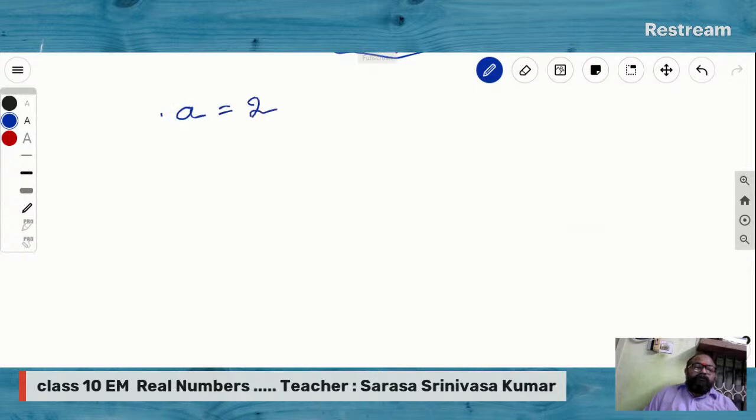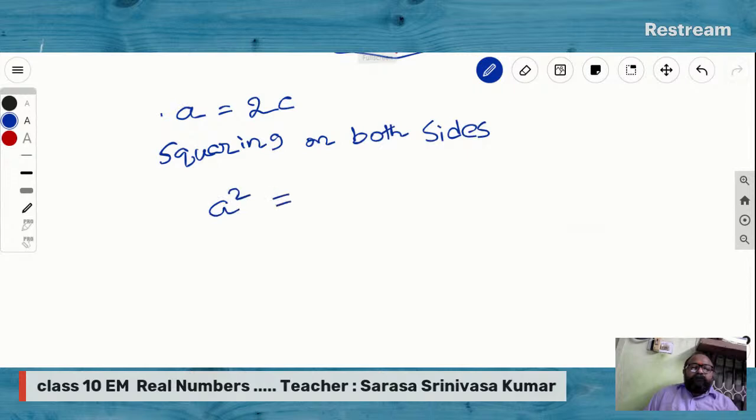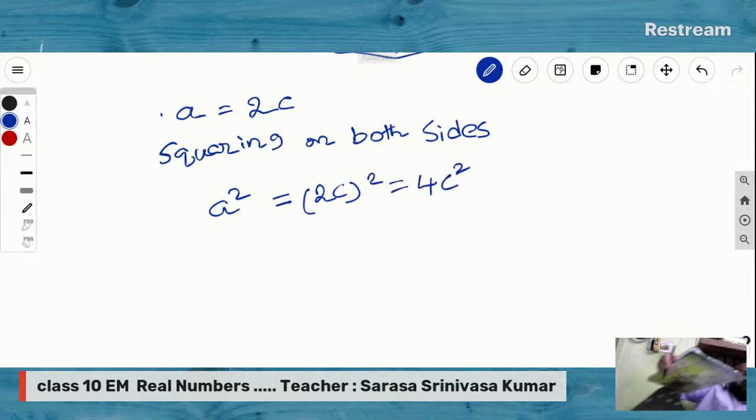A equal to 2C. Squaring on both sides. A square equal to 2C whole square, that equal to 4C square.